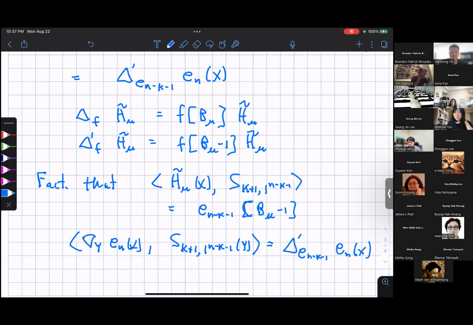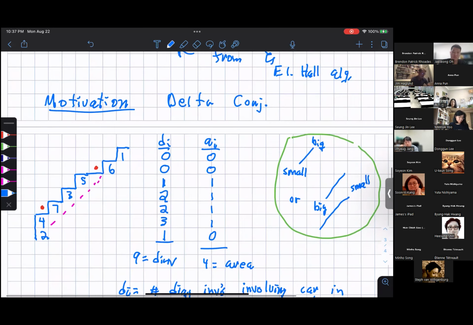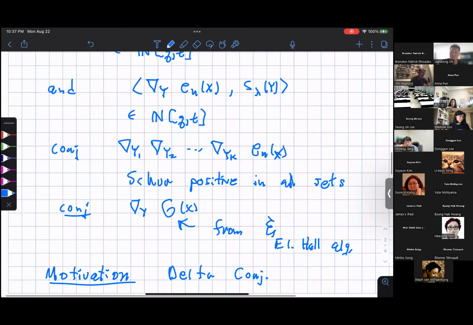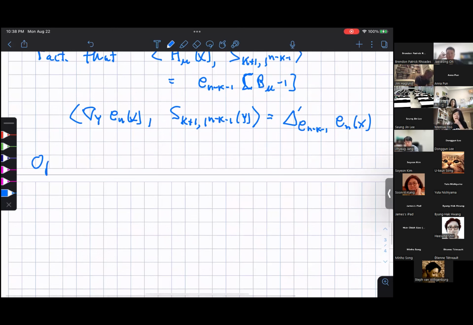So what we're hoping to do is to find a combinatorial formula model for delta y. So open problem.